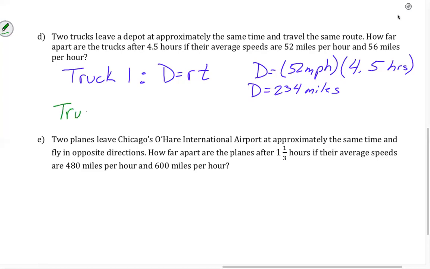Truck two. You do the same thing, but this one's traveling at 56 miles per hour.